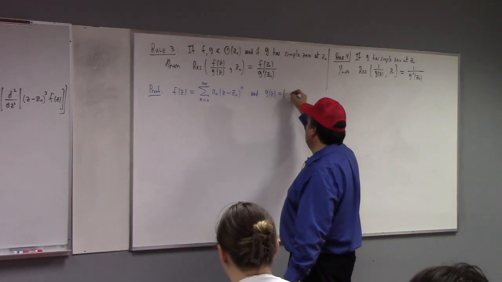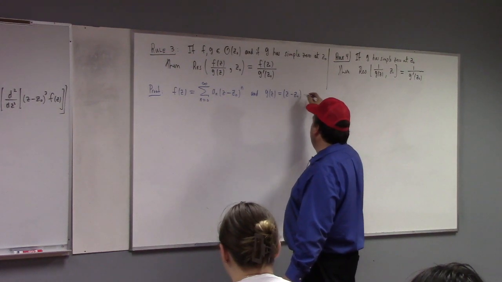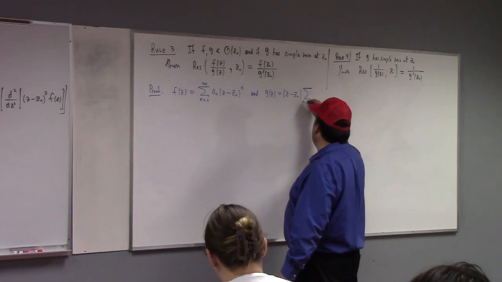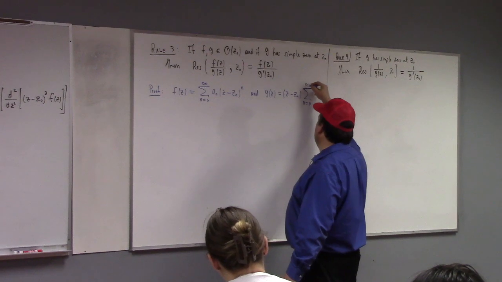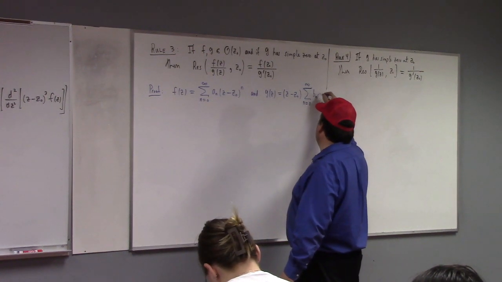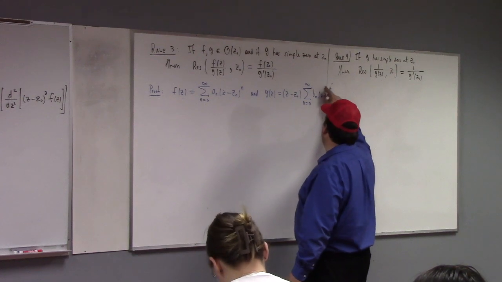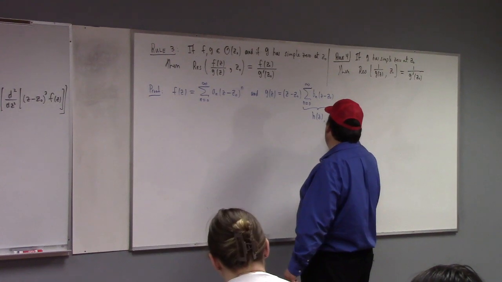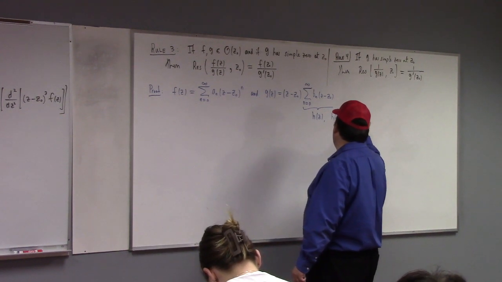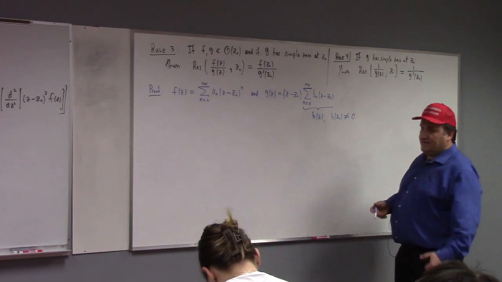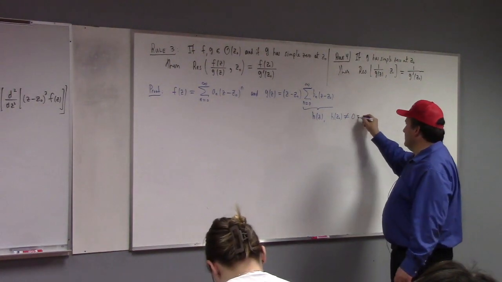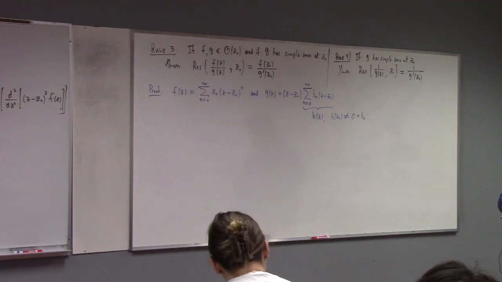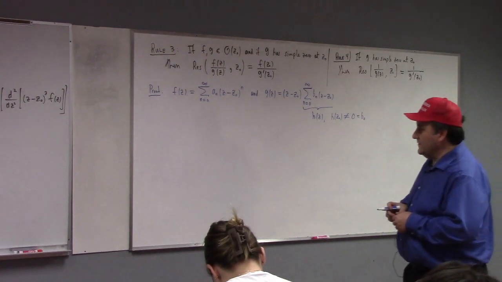We can write it as z minus z naught times the sum, n equals 0 to infinity, of b sub n times z minus z naught to the n. Sometimes I call that thing h of z. We have that h of z naught is not equal to 0, and in my current expansion it is equal to b naught. So we're trying to understand the residue of the quotient of f of z by g of z, so we should look at that.